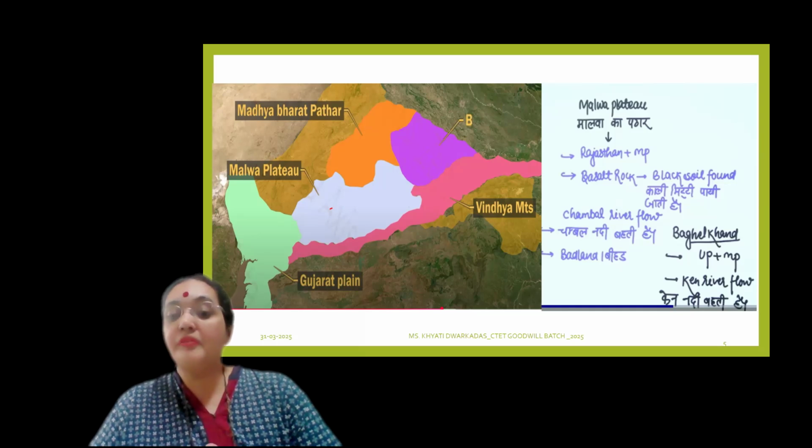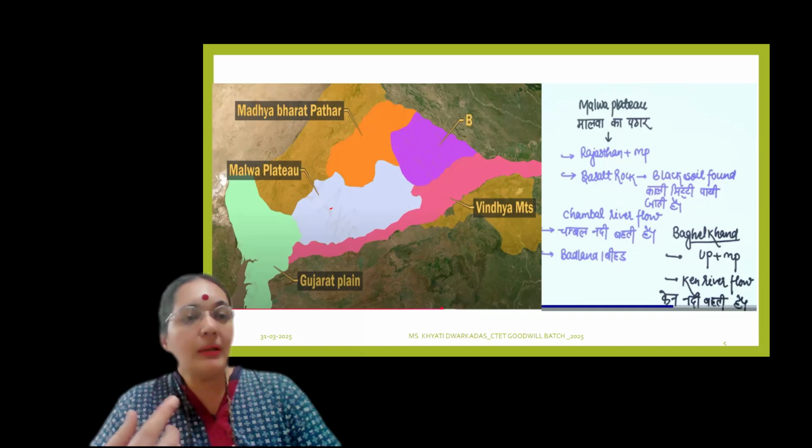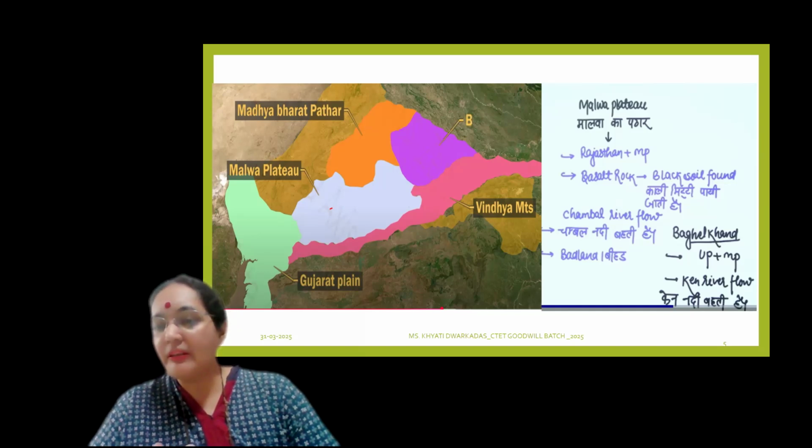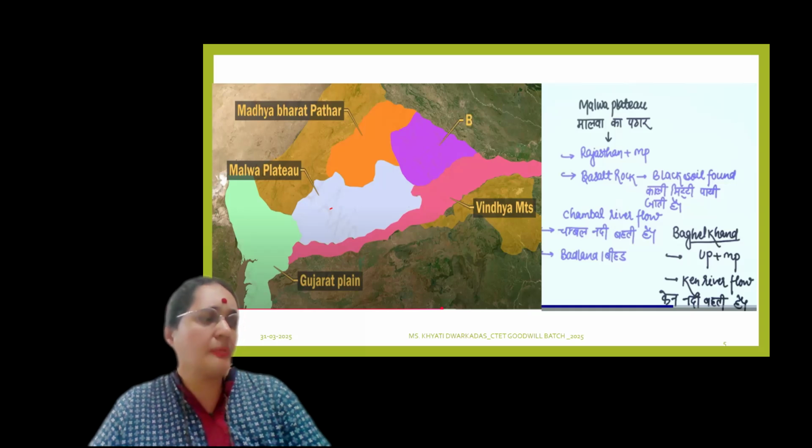The Chambal River flows through this plateau. It has badlands which are not fertile for agriculture. And there's one more plateau that we are trying to show you here, which is in UP and Madhya Pradesh, which is the Bagelkhand Plateau. And the river Ken flows through this plateau. So I'll give you a moment to note it down, and then we shall proceed further.